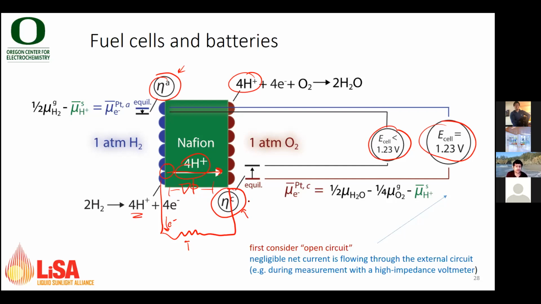All those losses contribute to how much actual free energy I can get out of this system. I can flip this all around. If I'm doing electrolysis, the flip side is how much extra free energy I have to put in to get out the 1.23 volts of my products, hydrogen and oxygen, at standard state. I'm trying to connect all these thermodynamic ideas to the kinetic ideas we'll introduce soon.